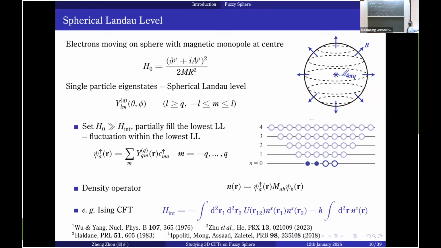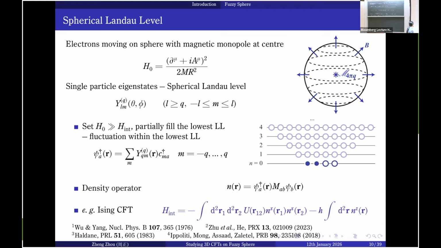The magnetic field modifies the single particle Hamiltonian and further the single particle eigenstates. Now, the single particle states form highly degenerate spherical Landau levels. The lowest Landau level, for example, has a degeneracy of 2q+1, where q is the charge of the monopole at the center.